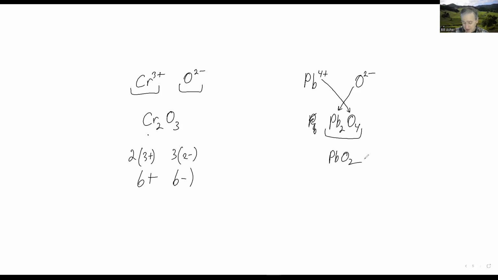You can get from here to here in one step just by recognizing you need two things with a -2 charge to balance something that has a positive 4 charge. It's pretty simple arithmetic, but if you just bring these exponents down and then look for common denominators, it's relatively easy. So these atomic ions are relatively easy to work out the formulas for.